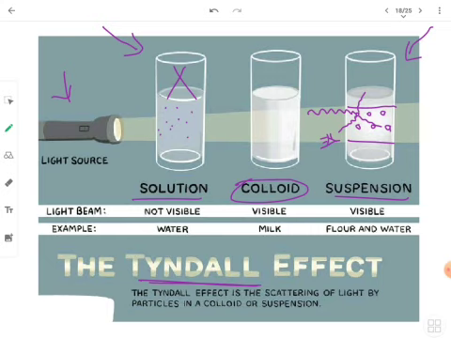So this effect in which the particles can scatter the light, this is known as Tyndall effect. So this is an interesting and characteristic property of the suspension, that you can see the path of light in a suspension, but you cannot see it in a solution. So if you are being asked out of solution and suspension, which one will show Tyndall effect? Suspension will show Tyndall effect.